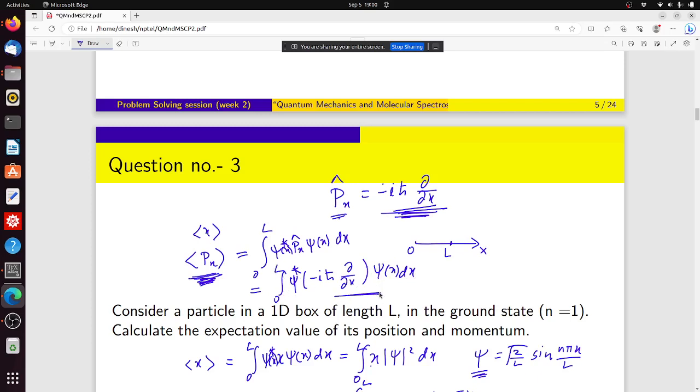You have to just do one derivative, and the integration after that will be very simple. Let's take 5 minutes from now and tell me the answer. You have to put this psi value, this one, and do one derivative simply. Then you have to multiply this resultant with psi star, then one simple integration. Let's take 5 minutes and try.